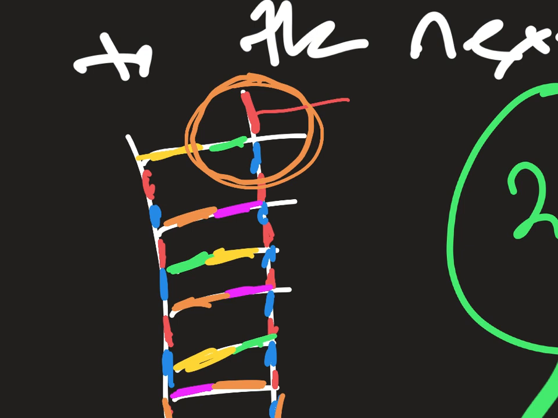We call that sugar, phosphate, and base pair a nucleotide. So we have 4 different possible nucleotides, and they're brought in together, and that's how DNA is built.